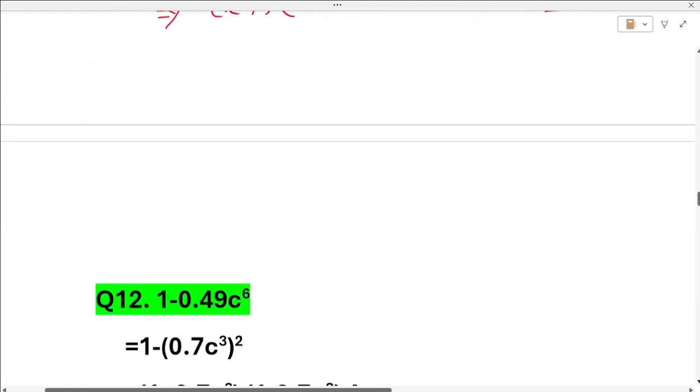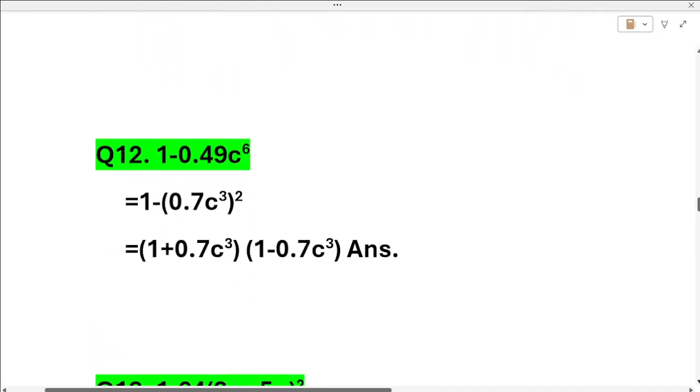Now come to question number 12. The question is 1 minus 0.49 c to the power 6. We need to express it as a square. You can see that 49 is the square of 7. So let us express it as a square quantity. The square root of 0.49 is 0.7.